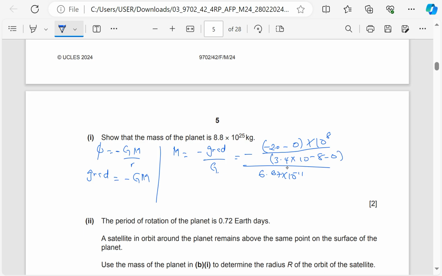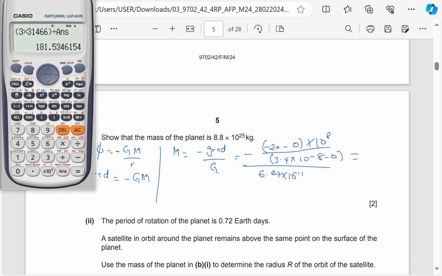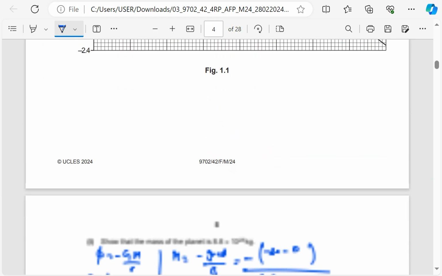That is on the x-axis. Gradient over G. So I'll just press my calculator. I hope I didn't take negative. Okay, it's negative 2.